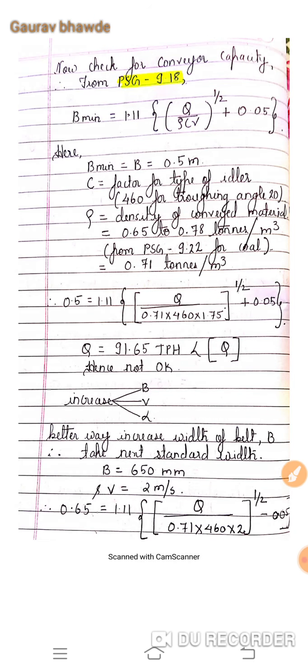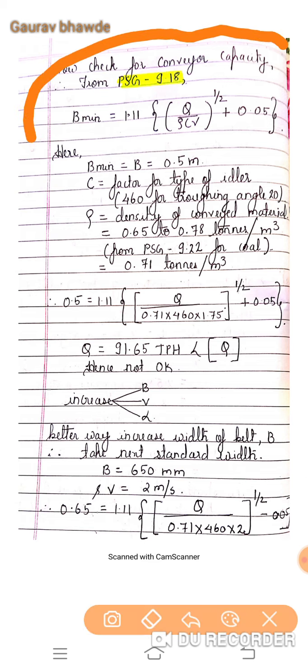Now we will be finding conveyor capacity. The formula for conveyor capacity we get from design data book PSG page number 9.18, and the formula is B minimum equals 1.11 times (Q upon rho C V) raised to 1 by 2, plus 0.05.